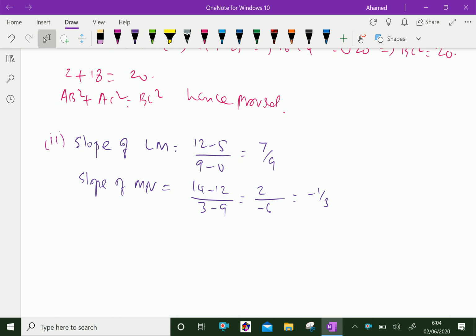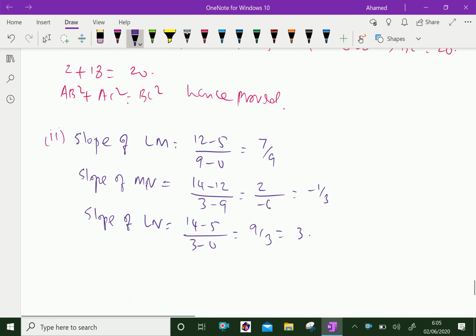The slope of LN is 14 minus 5 over 3 minus 0, which is equal 9 over 3, which is equal 3.